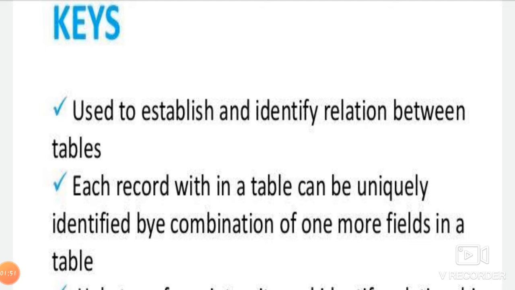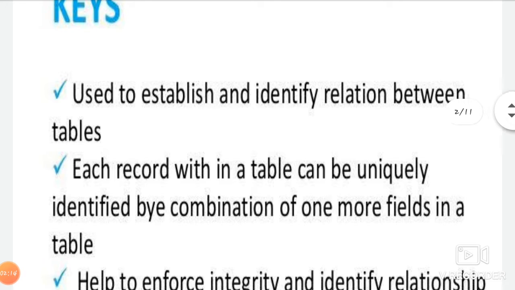Then the second point is each record, that is a row within a table, can be uniquely identified by a combination of one or more fields in a table. So each record can be identified uniquely with the help of a single attribute or a combination of attributes, that is more than one attribute.